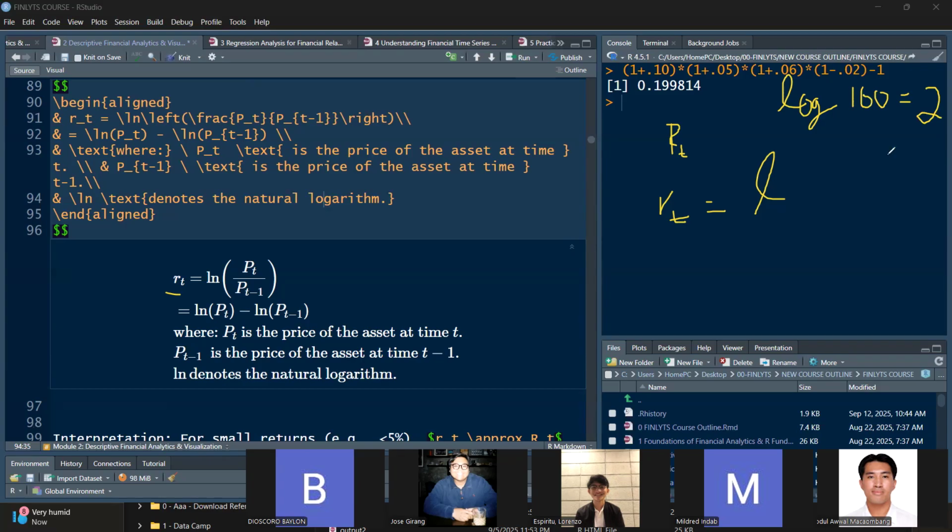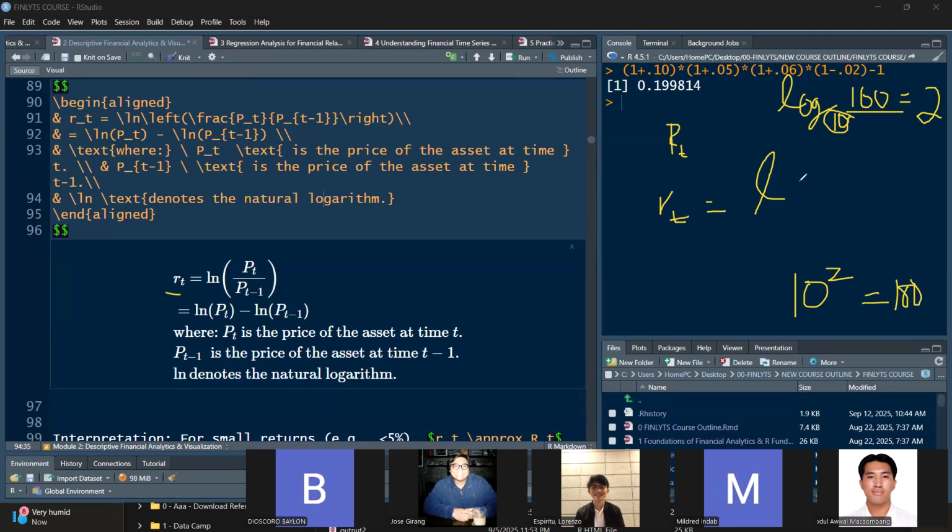Why 2? Because the assumption is that when it's not given, the base here is 10. And log of 100 is equal to 2 because the base 10 raised to the power 2 is equal to 100. Or in other words, what number when we raise 10 with will give us 100? So that's the definition of log.